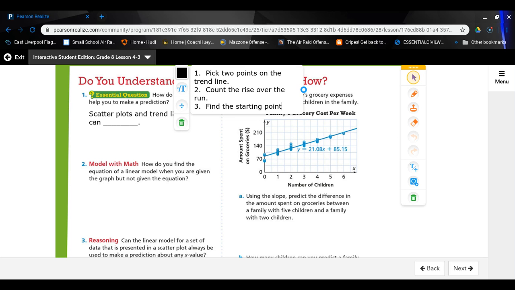Find the starting point or y-intercept. Turn the numbers we found into y equals mx plus b.